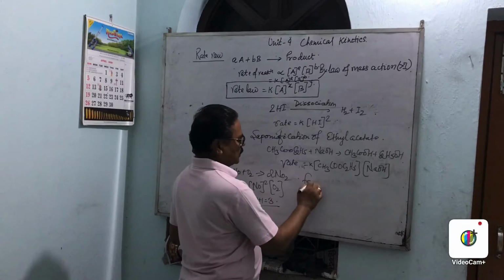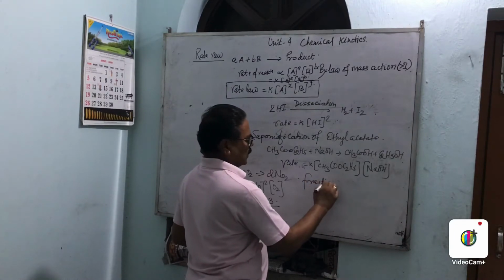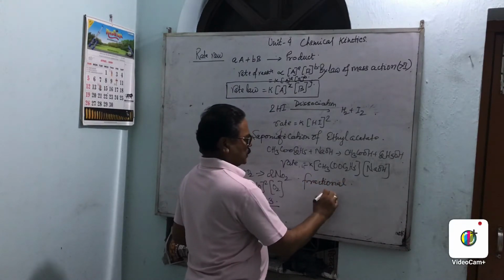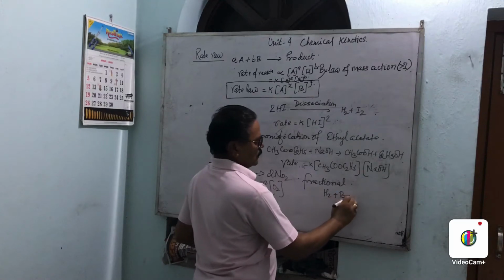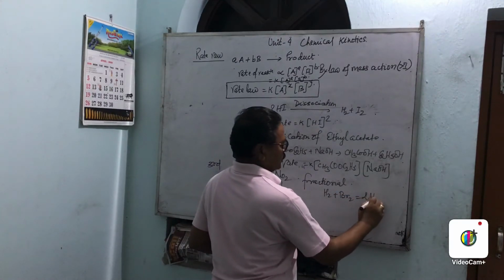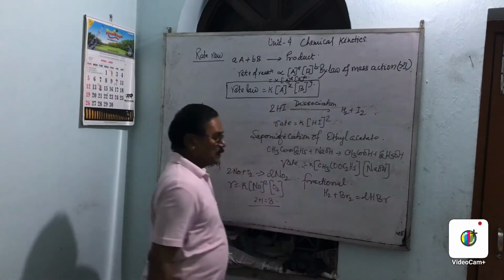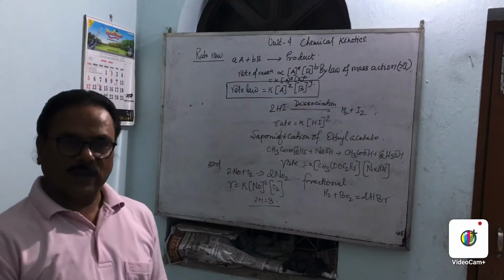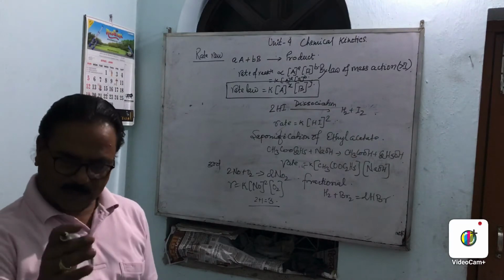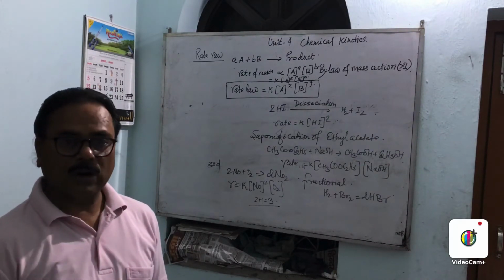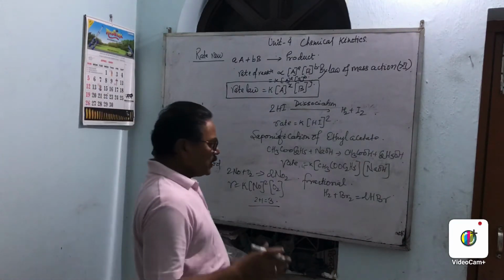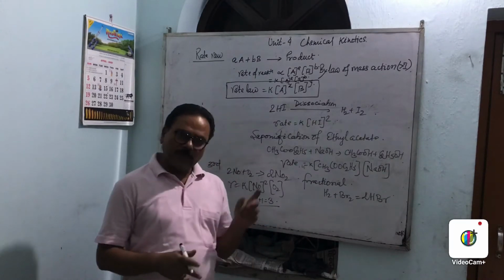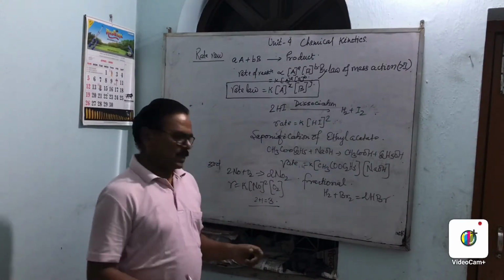Now what is fractional order? We take one example for fractional: H2 plus Br2 equals 2HBr. We never think that H2 plus Br2 will behave like H2 plus I2; if we assume second order for it, our imagination will be totally wrong. So whenever we know the exact example, we only write that example.